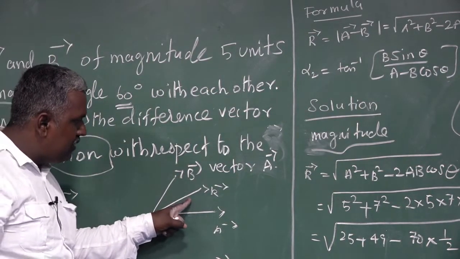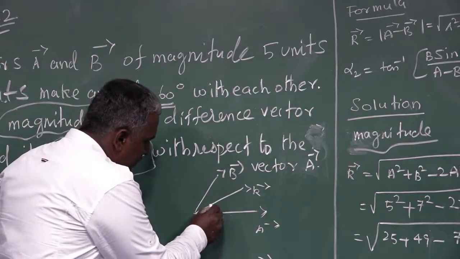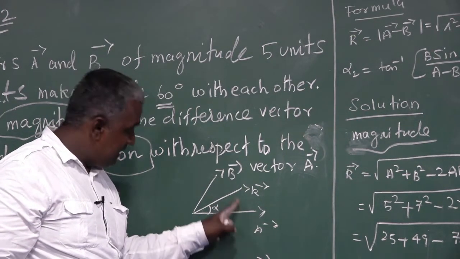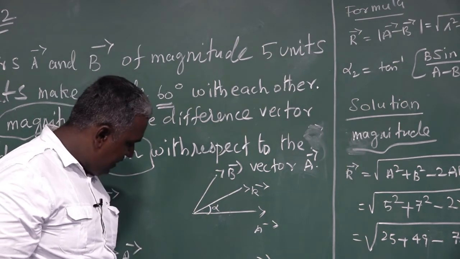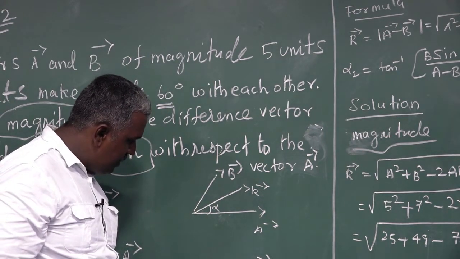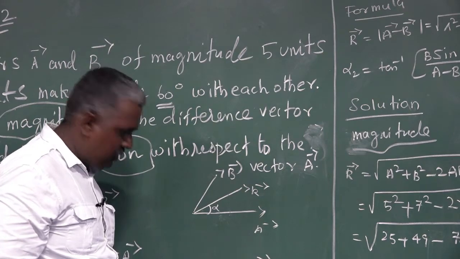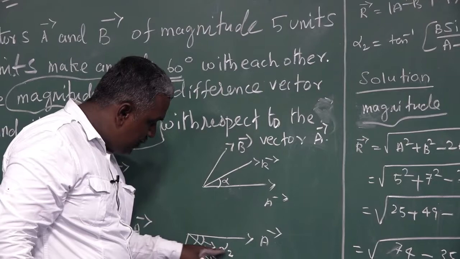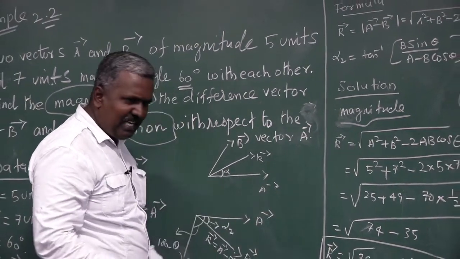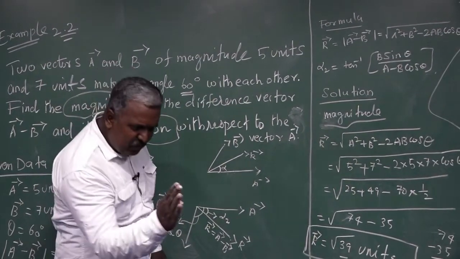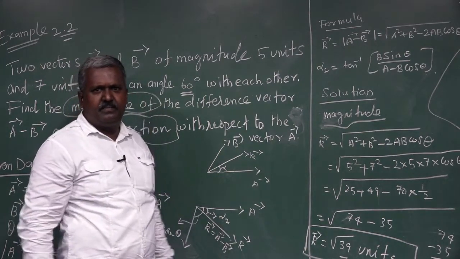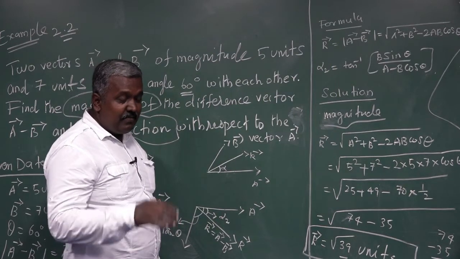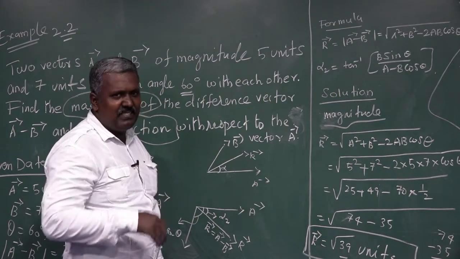So the resultant vector makes alpha angle with respect to the A vector. That is direction. For subtraction here, alpha 2 is 180 minus theta, direction. Direction, that is how far it is turned, at what angle it is turned. We must say it in degrees.